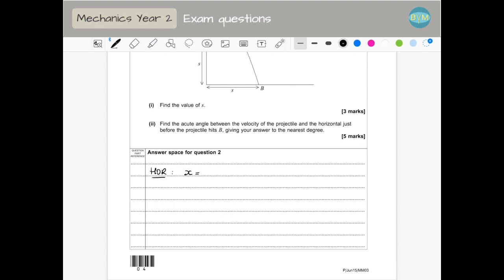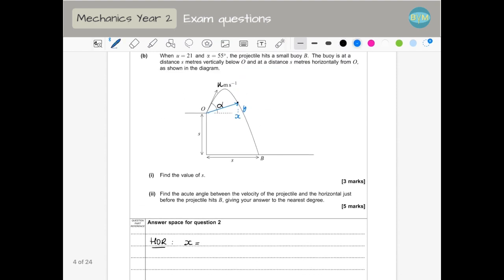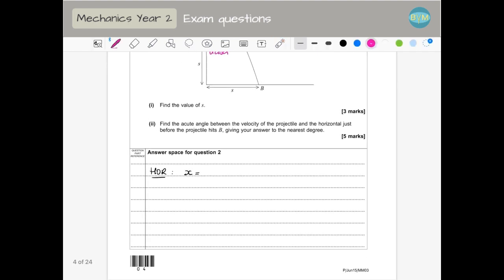And the horizontal component of the velocity, remember, is going to be constant all the way, and it's u cos alpha, because it's adjacent to the angle. So that initial velocity is u cos alpha, is constant, and then times the time.